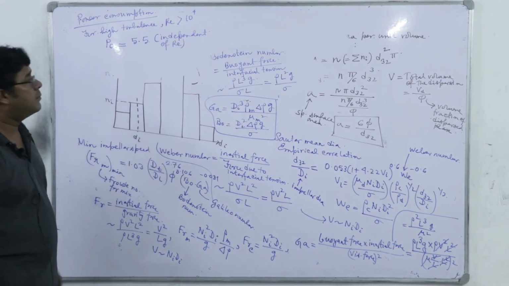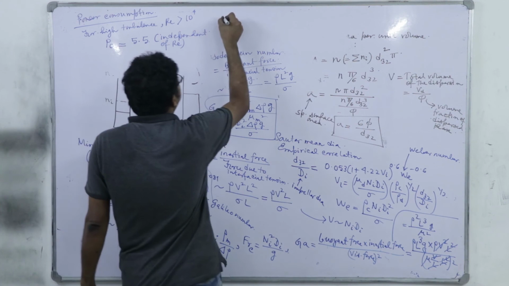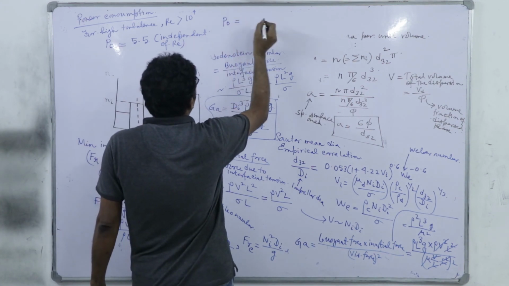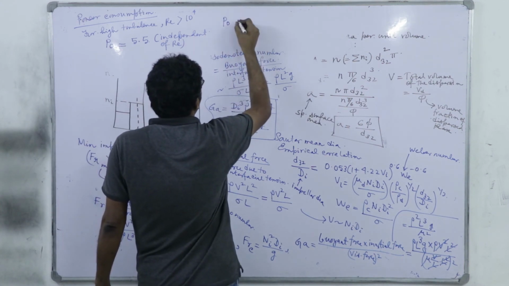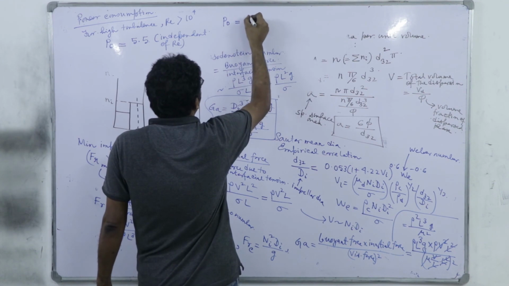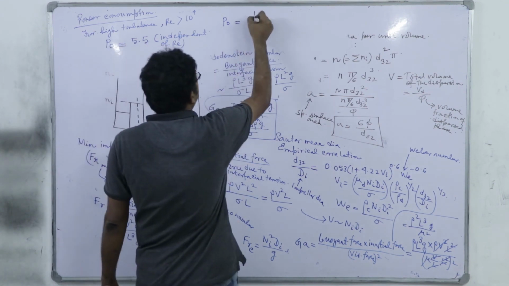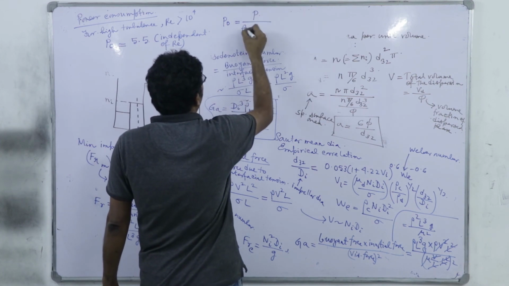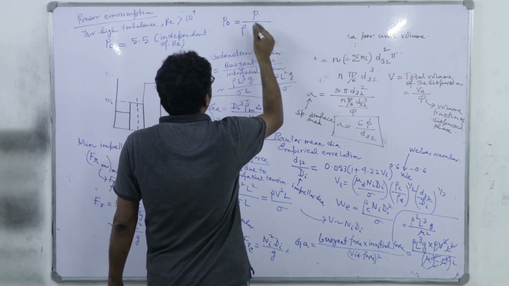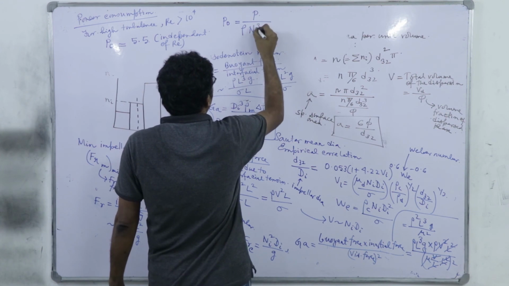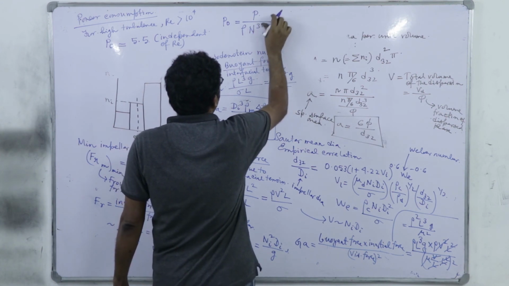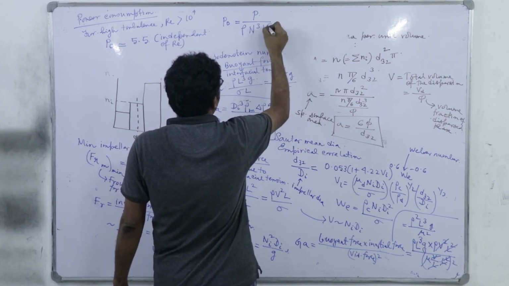And the power number is defined as P divided by rho into n cube into L to the power 5, right.